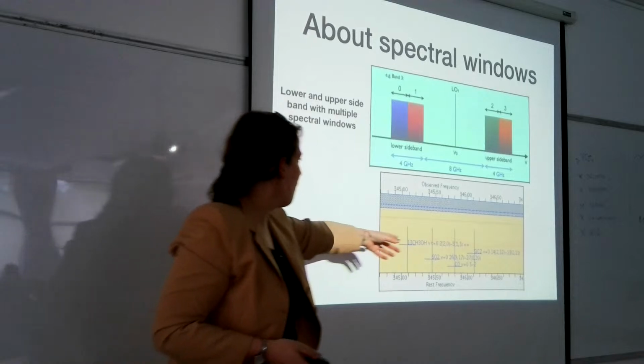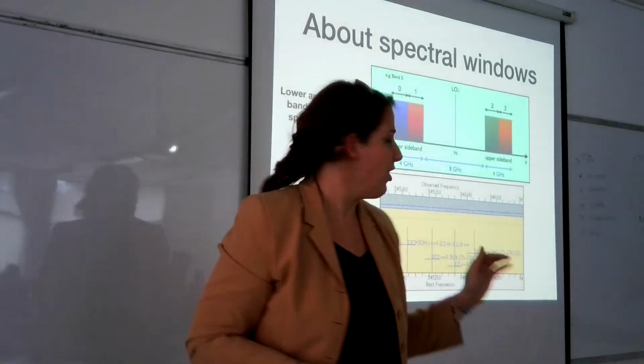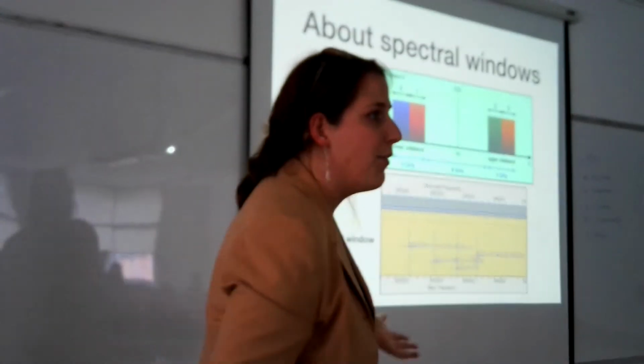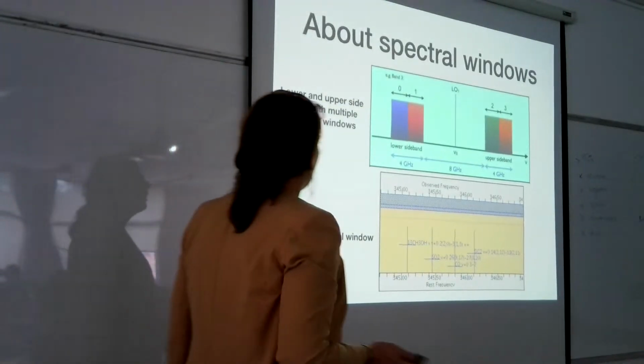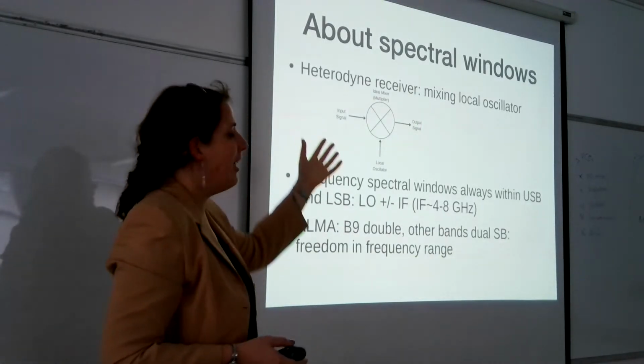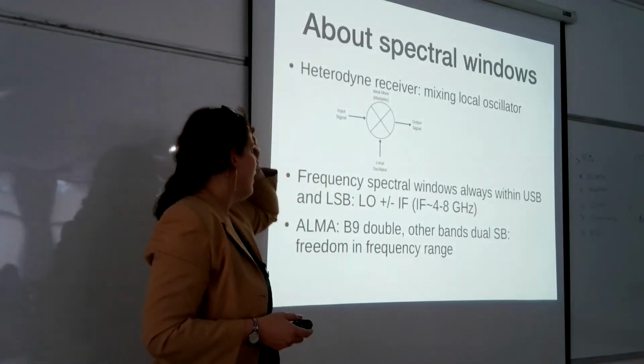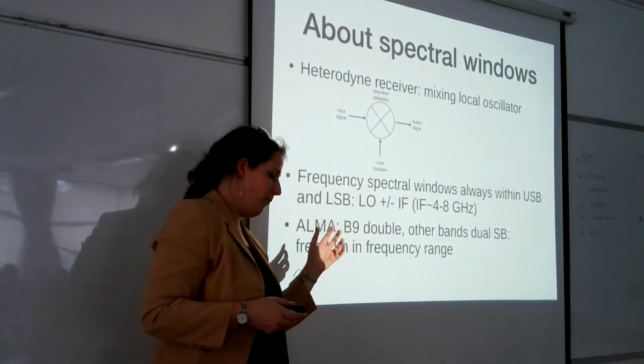And here you see, if you were doing this within the ALMA software, you can actually overplot what molecular lines are visible in that frequency range. So the reason why we need to have that upper sideband and lower sideband is this local oscillator.